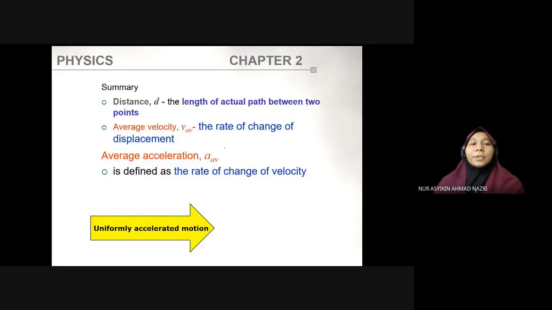Okay, so as for the summary, harap-harapnya bila awak dah belajar ni, awak dah tahu apa beza distance and displacement. What is average velocity? What is uniform velocity? What is instantaneous velocity? What is instantaneous acceleration? What is average acceleration?